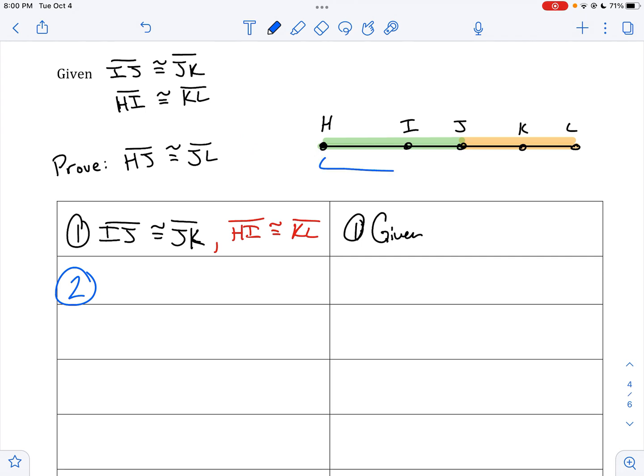So I'm going to write the segment addition postulate for HJ, which says that if I were to add up HI plus IJ, I should get HJ. And now you could also, in the same line, write the next segment addition postulate equation for JL, but because I'm trying to write a little bit bigger here, let me do that in a third step.